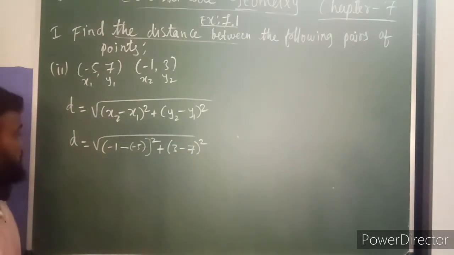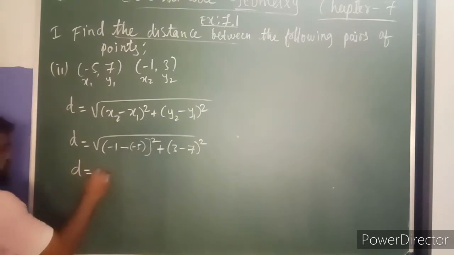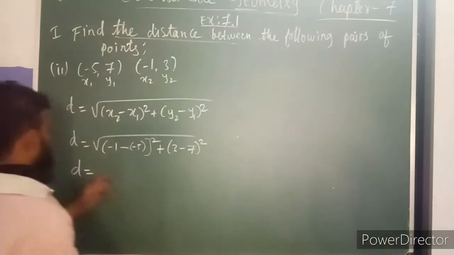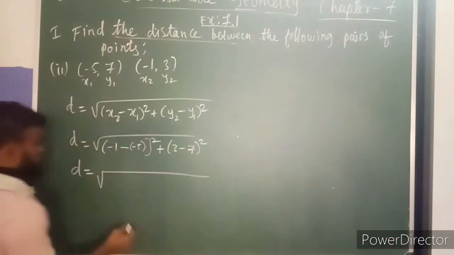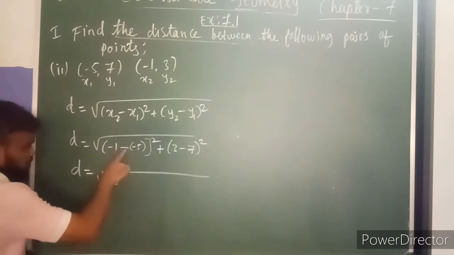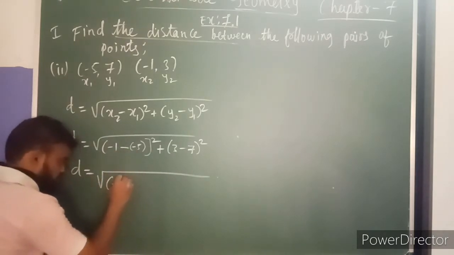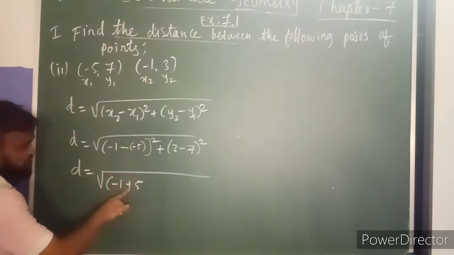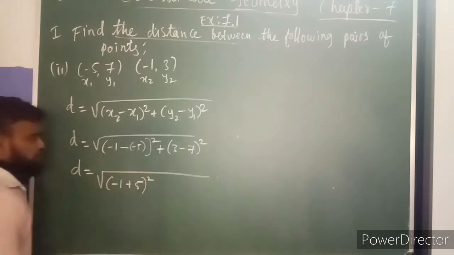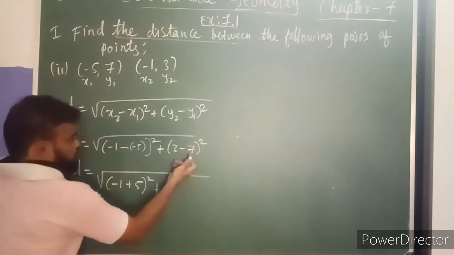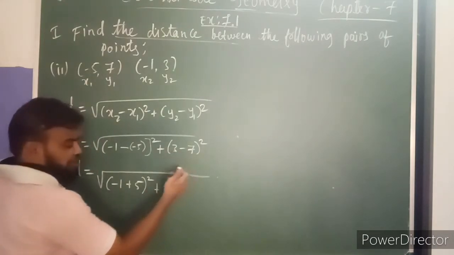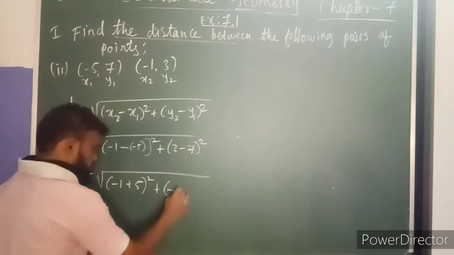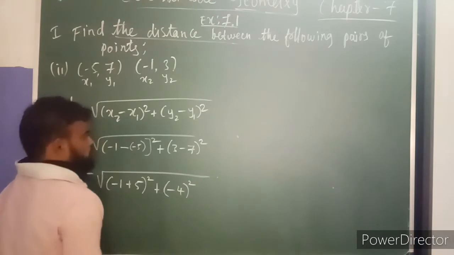So after that, d is equal to the square root of (minus 1 minus into minus, plus 5) whole square, plus (minus 7 plus 3). We have to subtract here, the sign is minus only: 7 minus 3, that is 4, whole square.